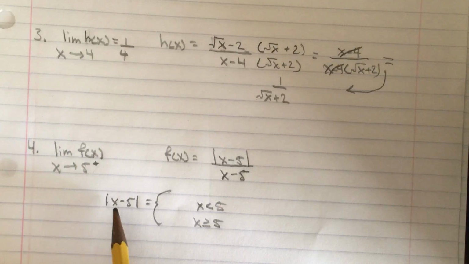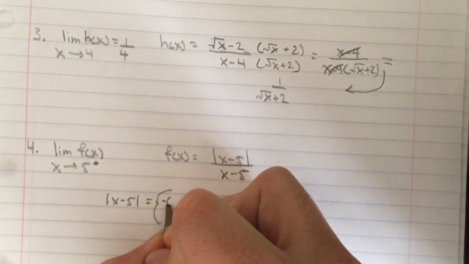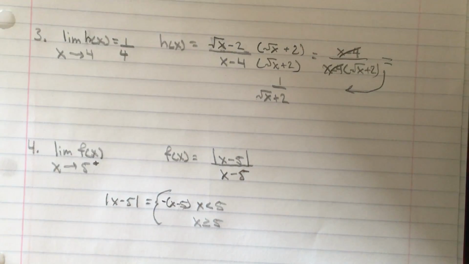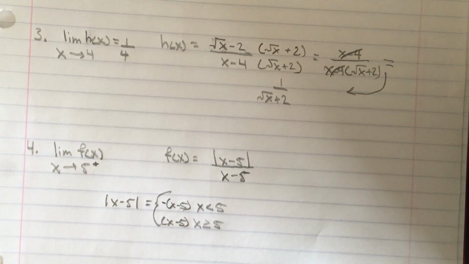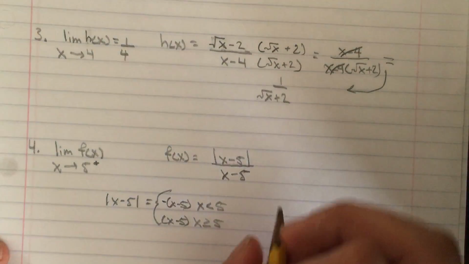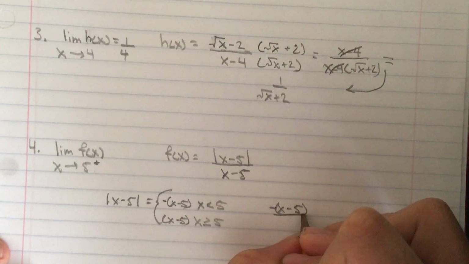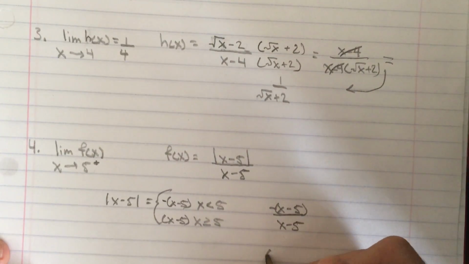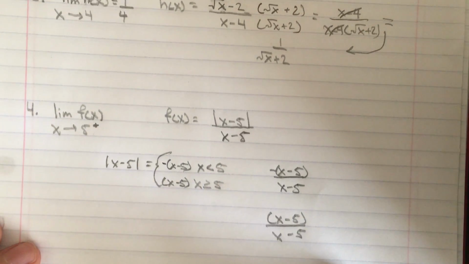And we see that x will be less than 5 if it is a negative number, so we'll just do negative x minus 5 to make that positive, and we'll do x minus 5 when x is greater than 5. So now that we have this piecewise function, we can actually plug both of these into the numerator of the equation. So we'll have two equations, negative x minus 5 over x minus 5, as well as x minus 5 over x minus 5 down here.